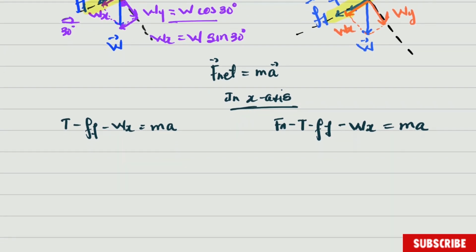Right? Now the frictional force was calculated, but the weight in the x-axis was not calculated there. So we have to calculate the weight in x here, and we have to calculate the weight in x there, but it's quite simple. So we are going to first calculate those two.